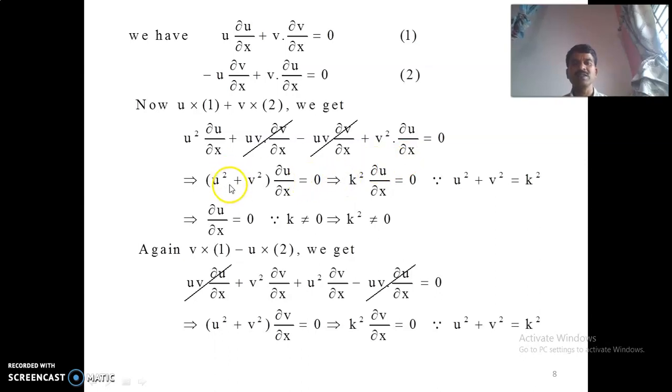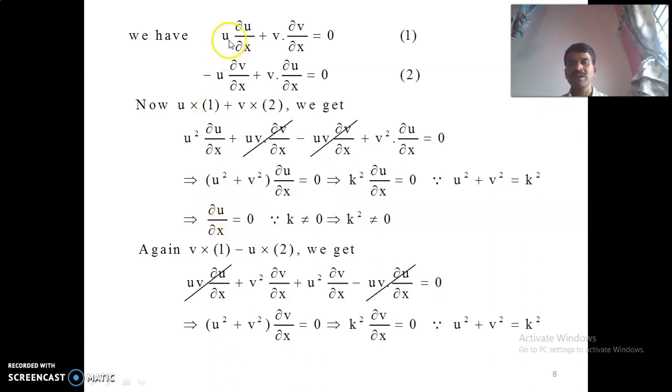And since u square plus v square is constant k square, and k is non-zero, ∂u/∂x is 0.